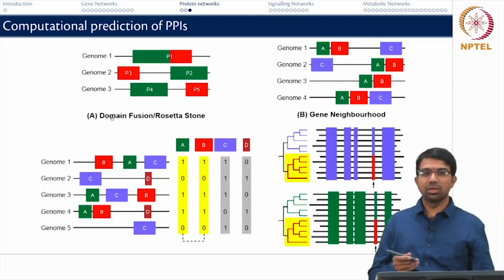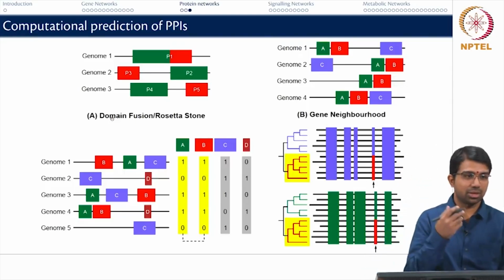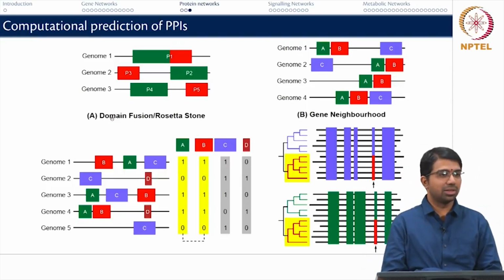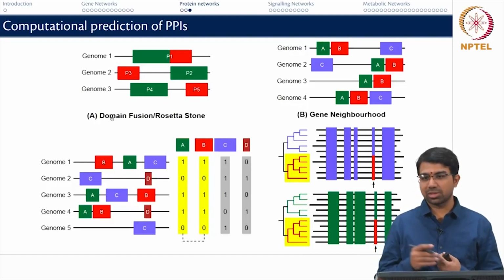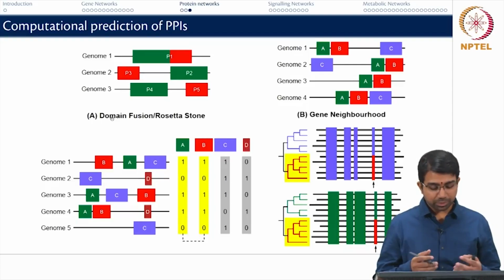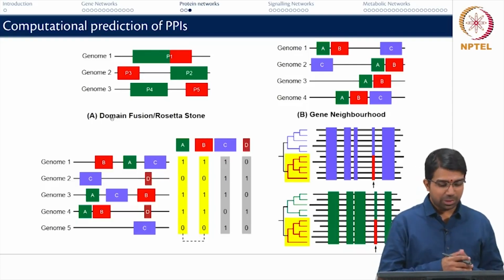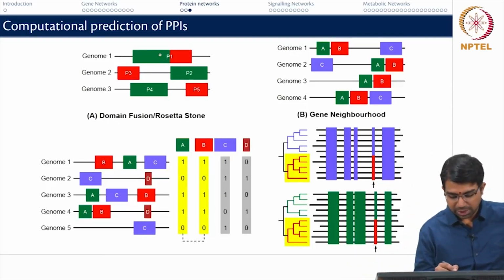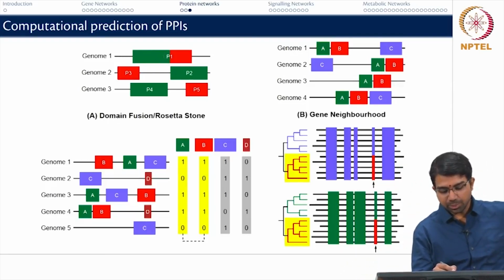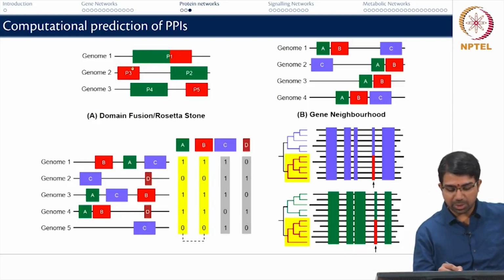So, you may all have heard of the Rosetta Stone, which was a popular archaeological discovery, right. So, there was this particular stone with several inscriptions which were discovered, and this is a spin on that name.